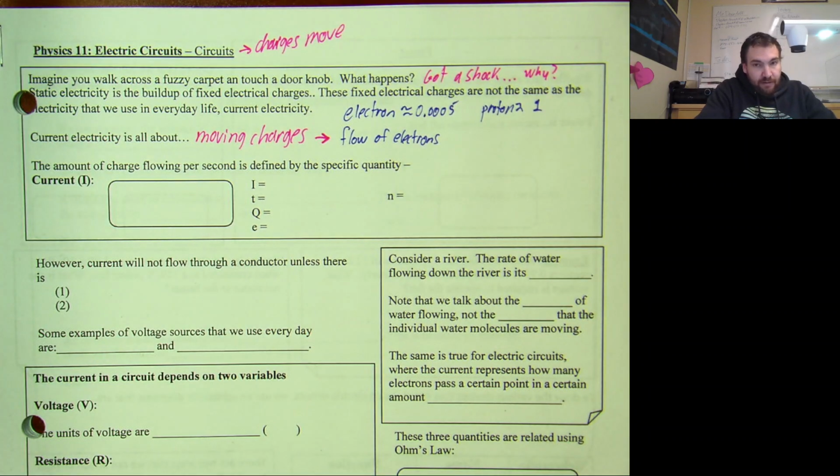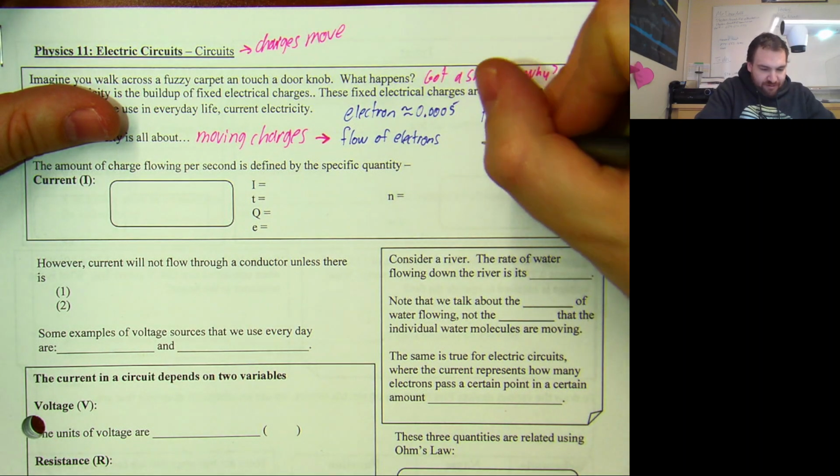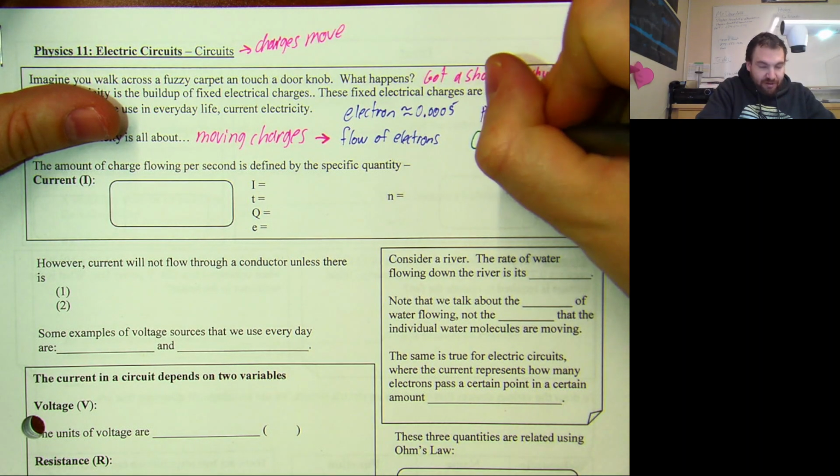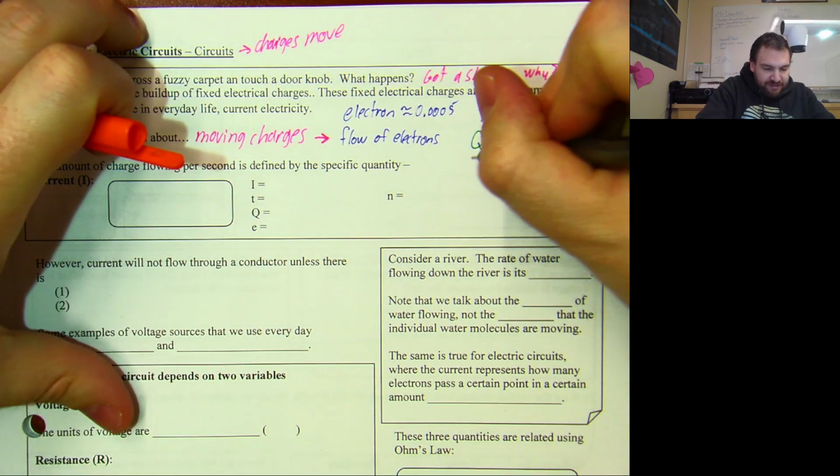In grade 9, if you talked about electricity at all, maybe I'll just give this to you out of electrostatics. In electrostatics, there is a concept called Q. Believe it or not, Q in electricity is different than Q in energy. Q in energy was thermal energy. Q in electrostatics is total charge.